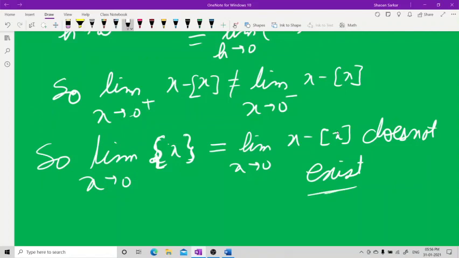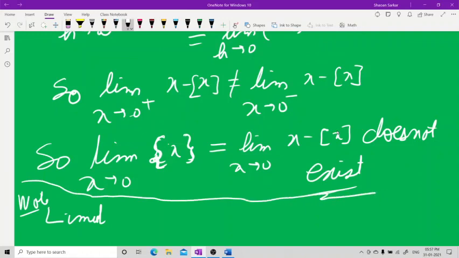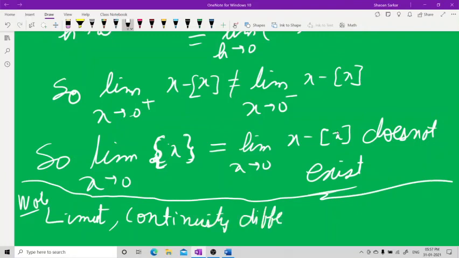Remember, limit, continuity and differentiability. I may have forgotten to tell you, but I was supposed to tell you, limit, continuity, differentiability and differentiation are point based properties.